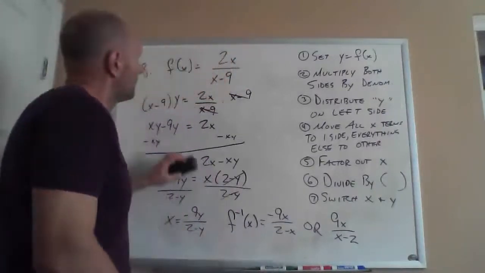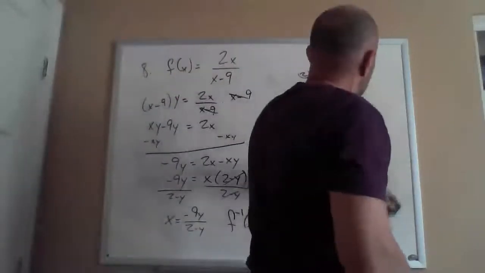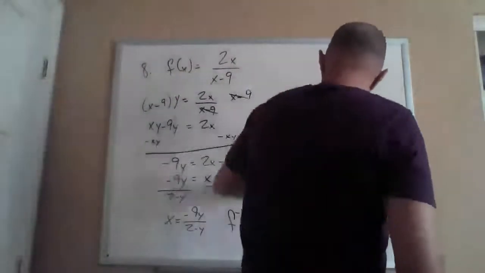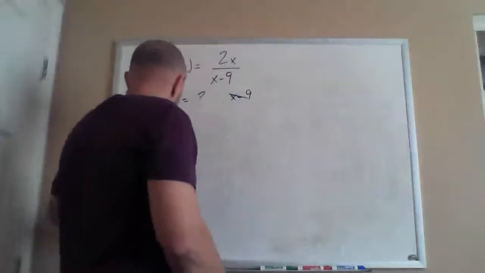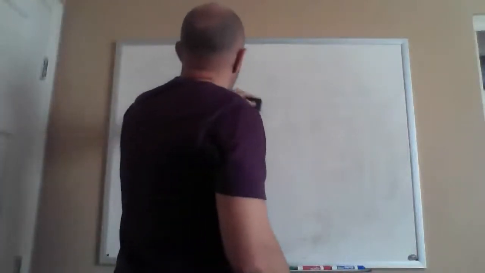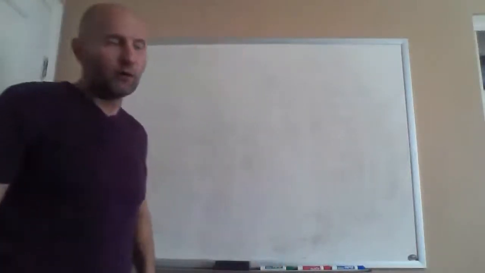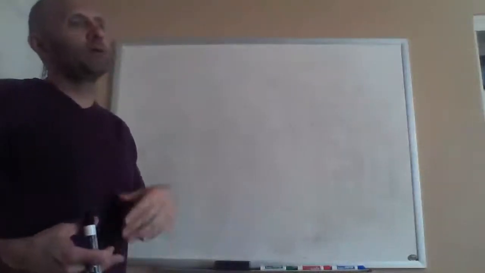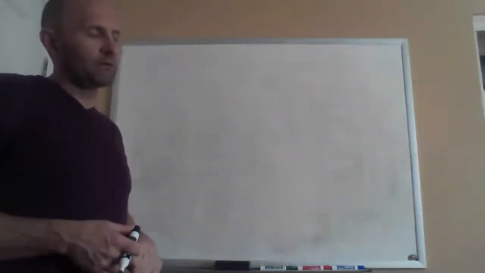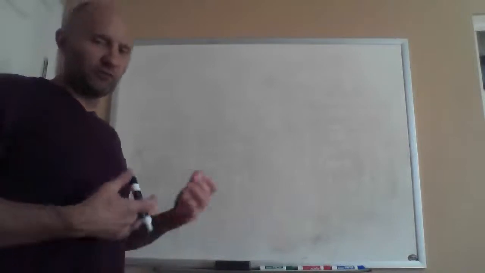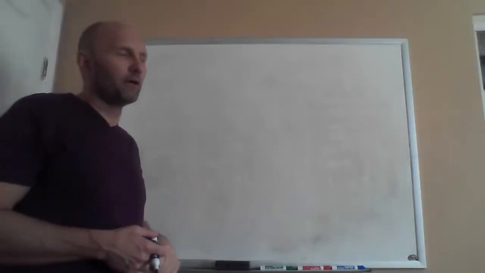All right, so that was it for 2.7. For 3.7, we kind of jump way into chapter 3 here because we're talking about rational functions, which is what we sort of just got done doing there.